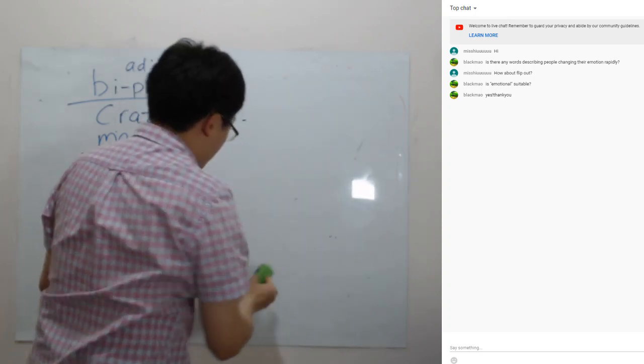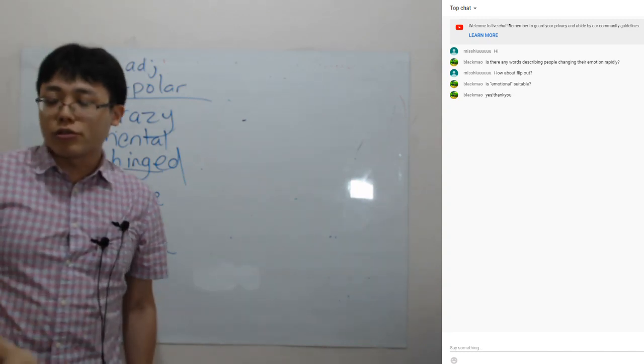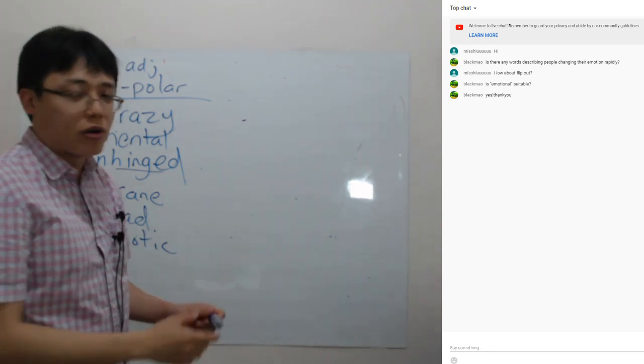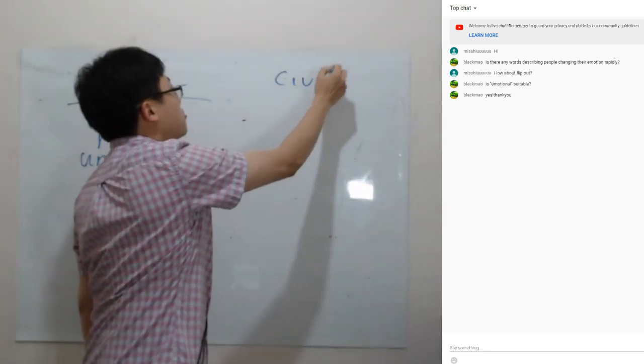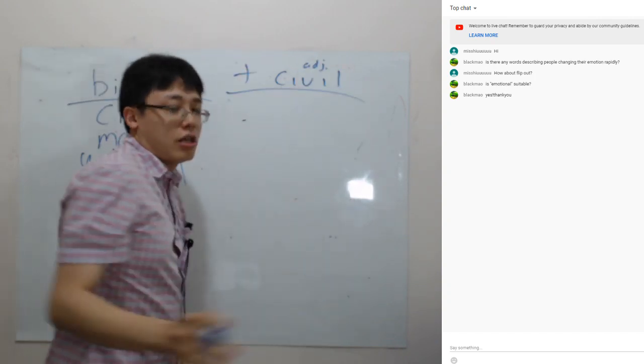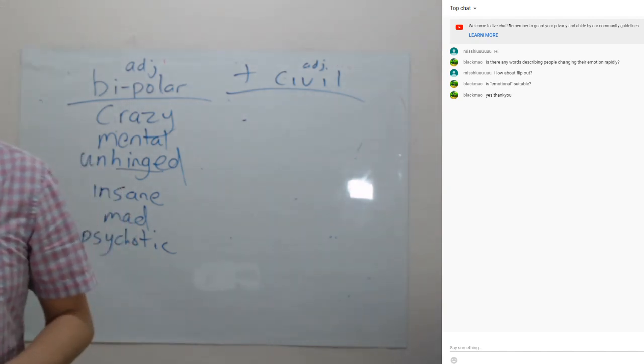So, I'm living in Hong Kong right now. Generally, people are pretty civil. Civil's a good word. However, there are lots of people that aren't that civilized. They are something else.